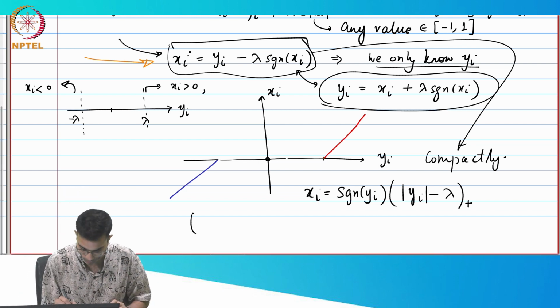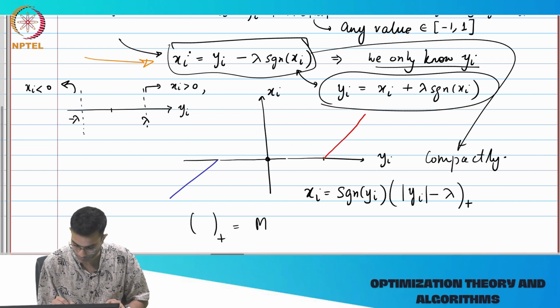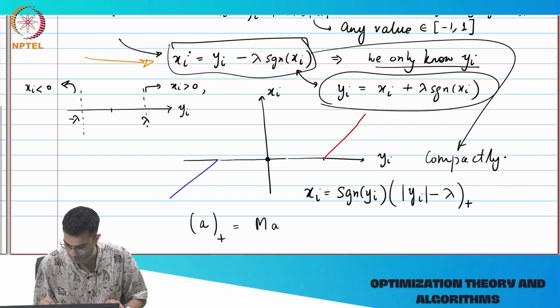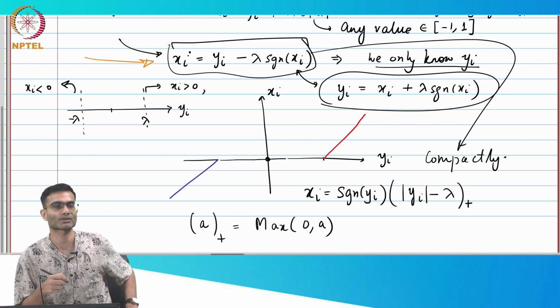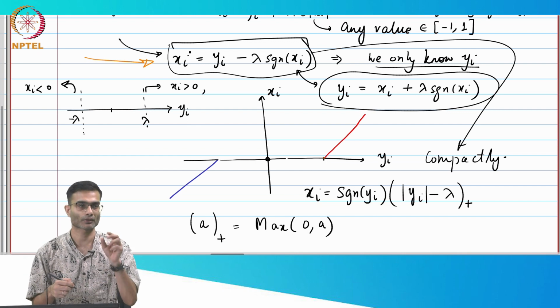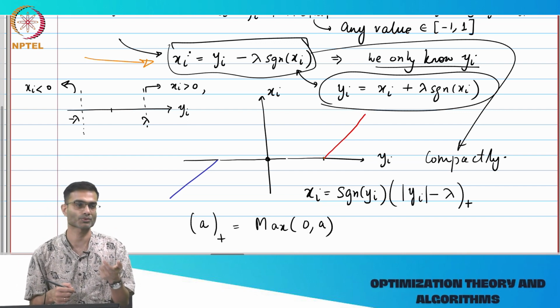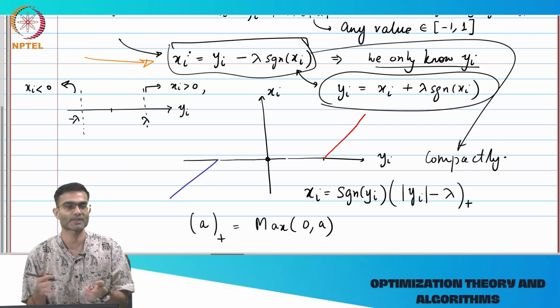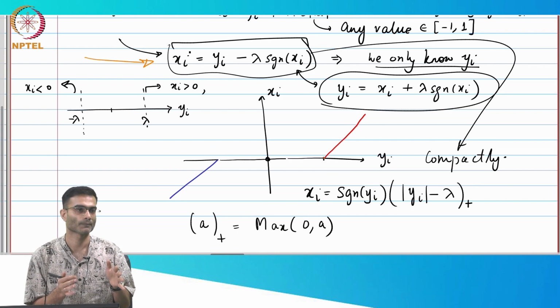So this is a well-known operator. This plus operator: if I write a over here, this is the meaning of the plus operator. If the argument is greater than or equal to 0, then the operator spits out the same number. If it is less than 0, it spits out 0.